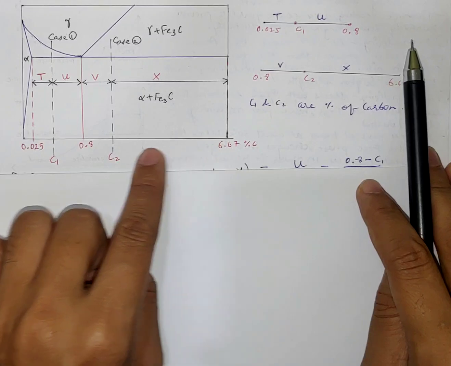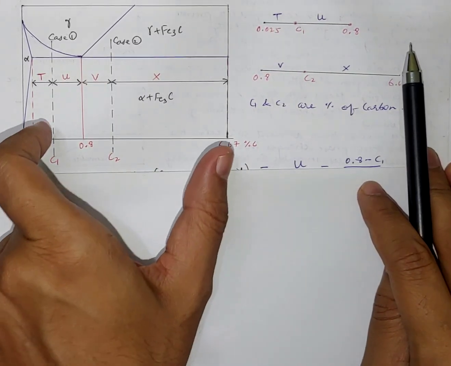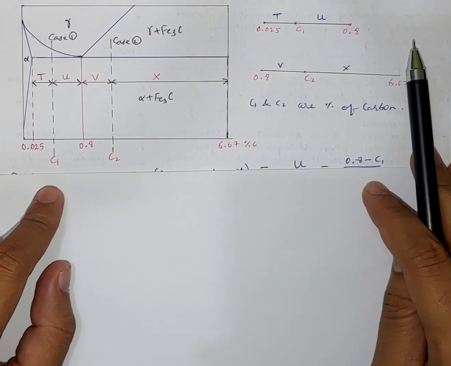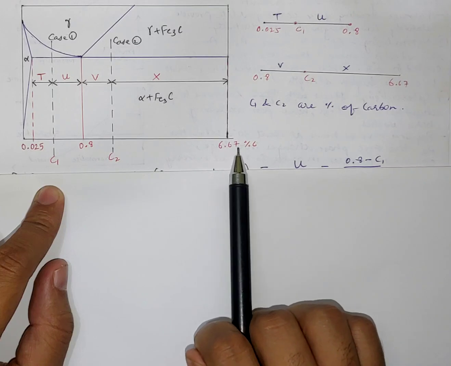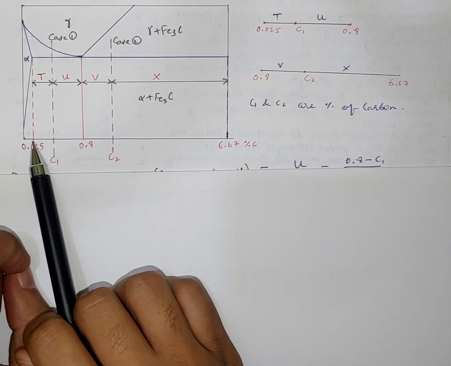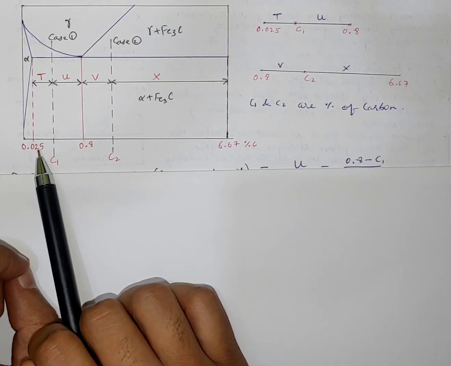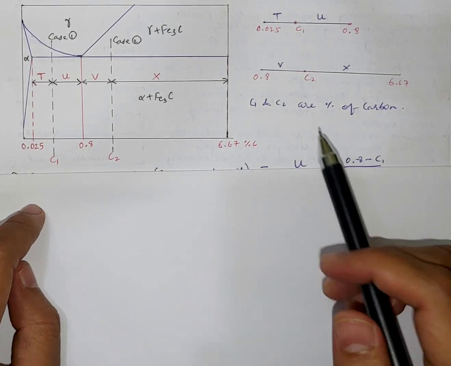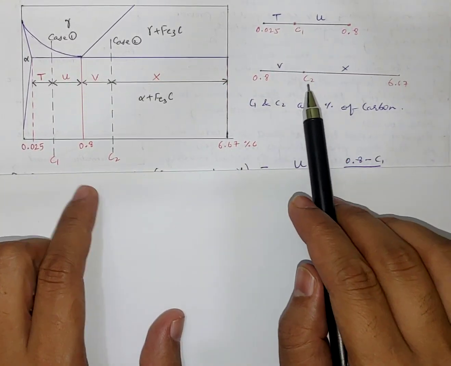The total length of this line will be 6.67 minus 0.025. We can also calculate this length, which is 6.67 minus 0.8, and this length, T plus U, as 0.8 minus 0.025.